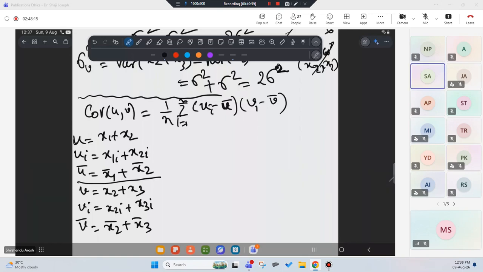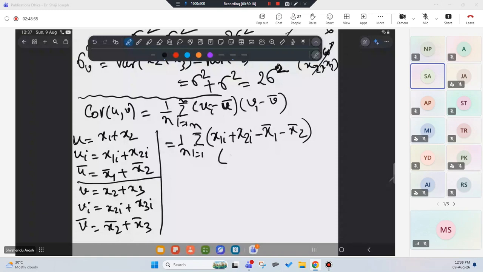Now put this into this formula. So it will be delicate. So let's put (x1i plus x2i minus x1 bar minus x2 bar) multiplied by (x2i plus x3i minus x2 bar minus x3 bar). Of course, some pattern you can already see here.